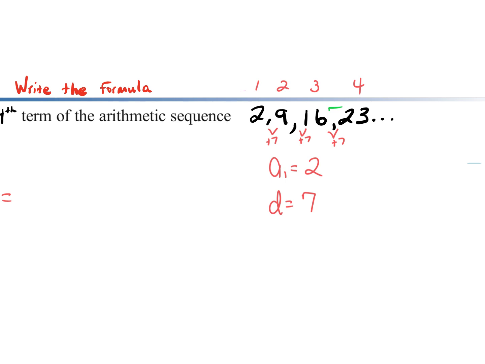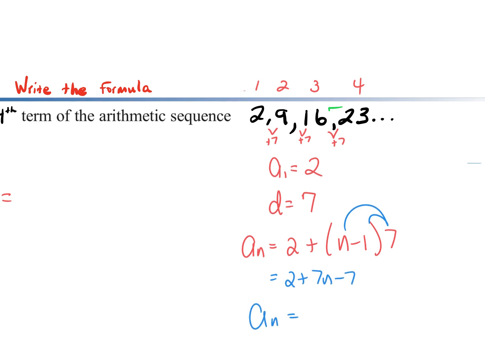Now you can go about this 2 ways. You can plug it into the formula. So a sub n equals the first term plus n minus 1 times 7. Now what do I do with the 7? Distribute. So 2 plus 7n minus 7. So your rule is a sub n equals 7n minus 5, okay? You could do it that way, or you could say, what's my 0 term?